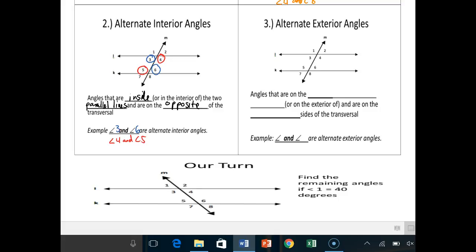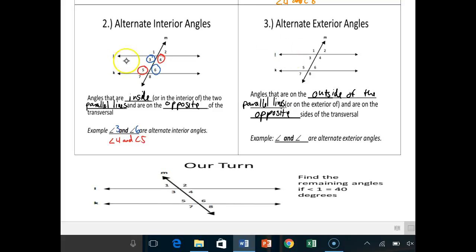The next vocab word is alternate exterior angles. They are on the outside of the parallel lines, and are on opposite sides of the transversal. So again, on the outside of the parallel lines.